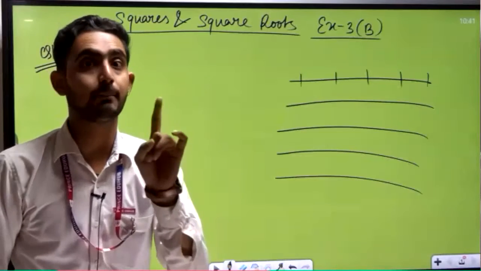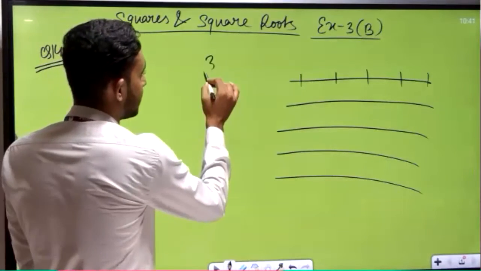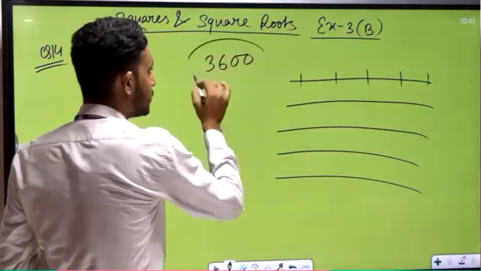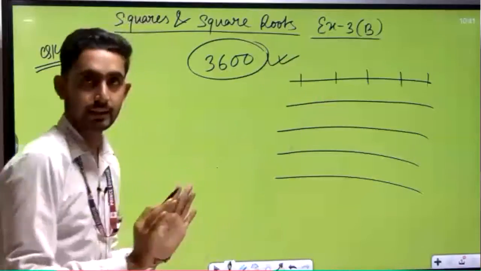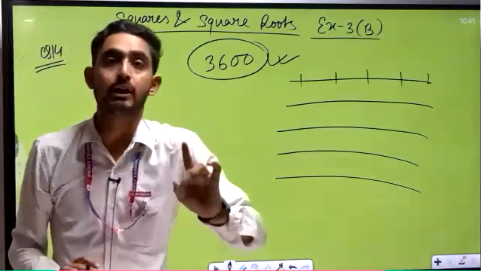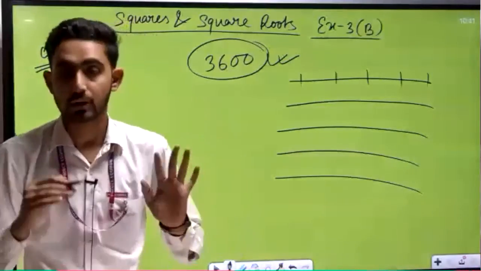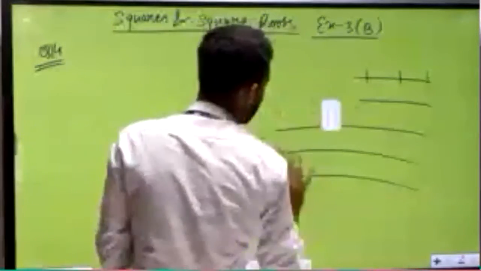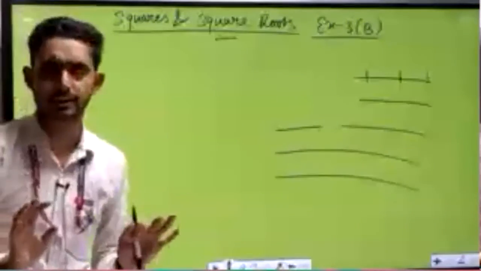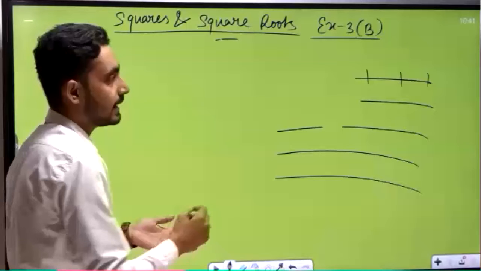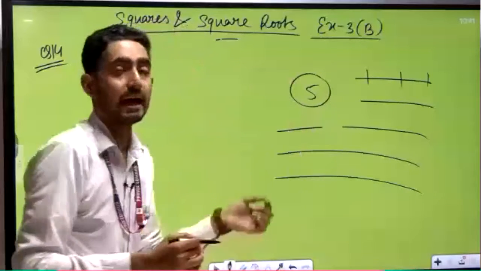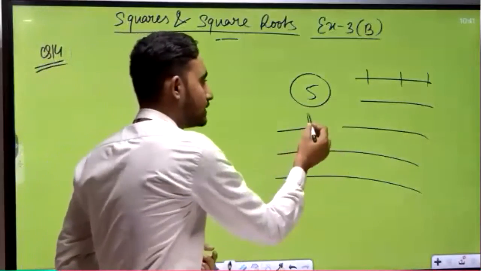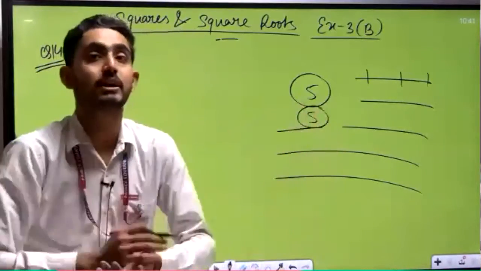If the total number of soldiers is given as 3,600, this is your total number of soldiers. What do we have to find? We have to find out how many rows there are. So how will we find out? Very simple question. Now tell me, students, suppose 5 rows are there and in each row 5 soldiers, so total number of soldiers how many?